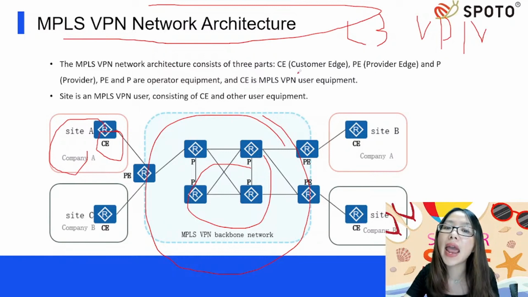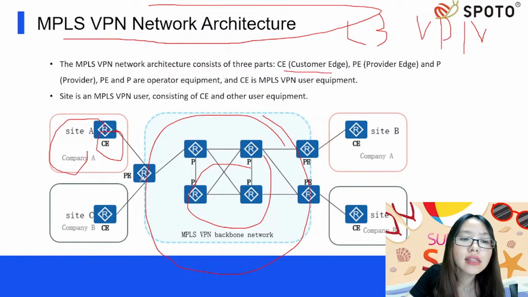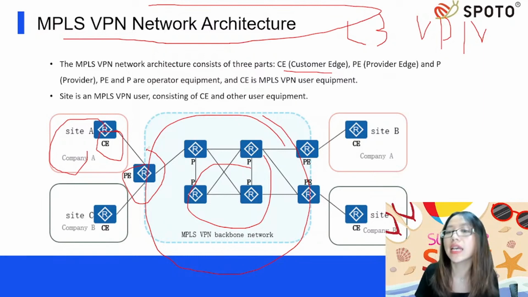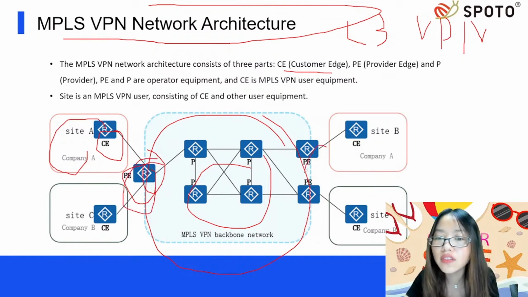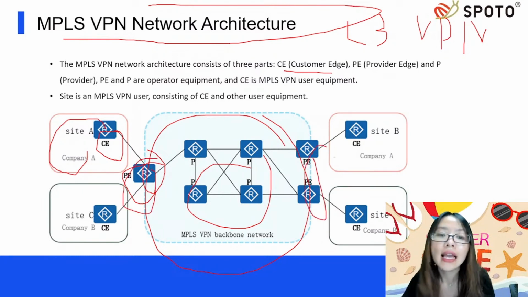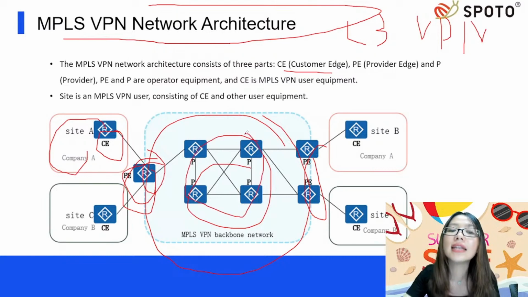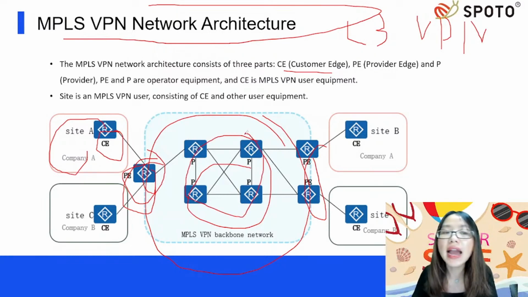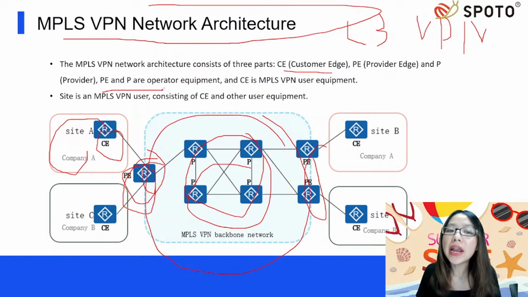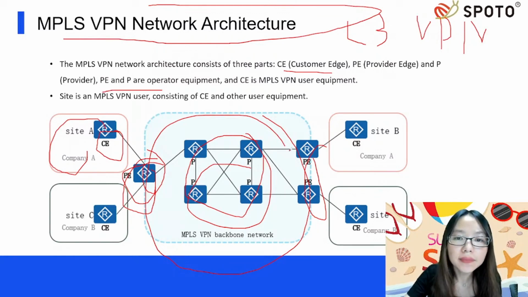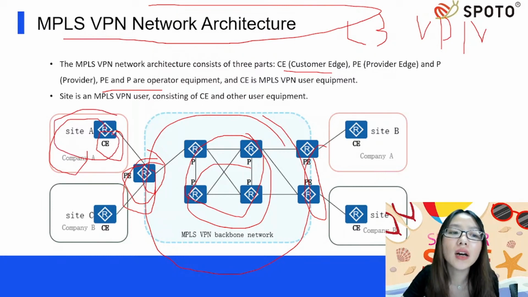CE is customer edge, and this device belongs to the provider, so we will call this device provider edge, PE. These two devices also belong to PE, and this device belongs to the provider, so we will call this device P. PE and P are all operator equipment, and CE belongs to the customer.